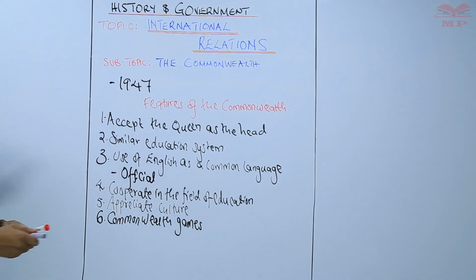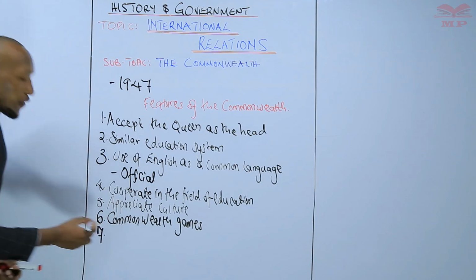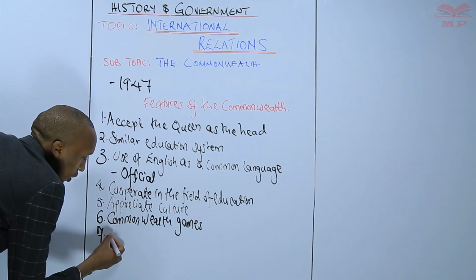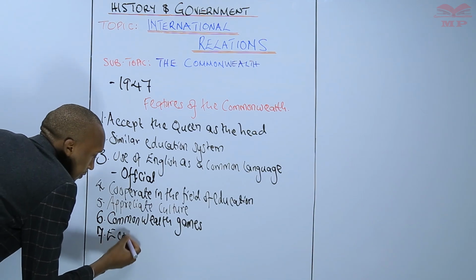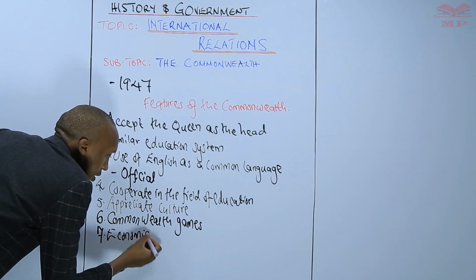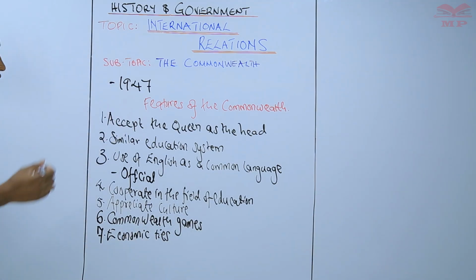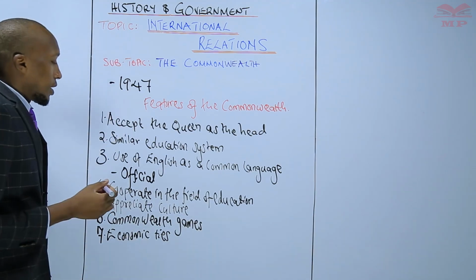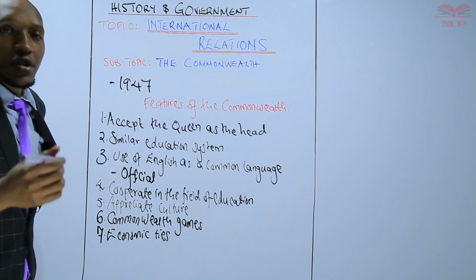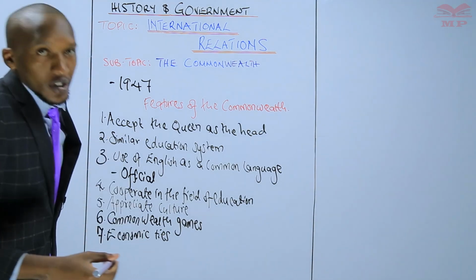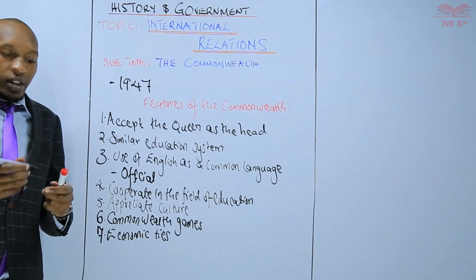And then number 7, or the next feature of the Commonwealth, they have economic ties. These countries help one another. The countries that have stronger economies, that have more developed economies, help the poor nations.